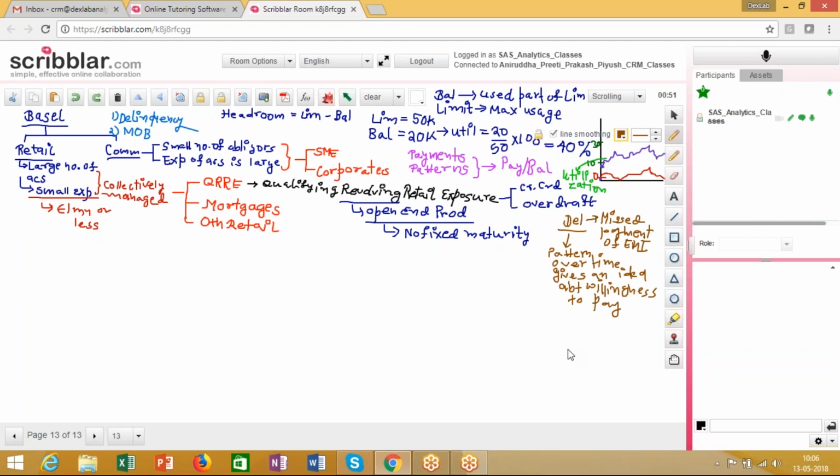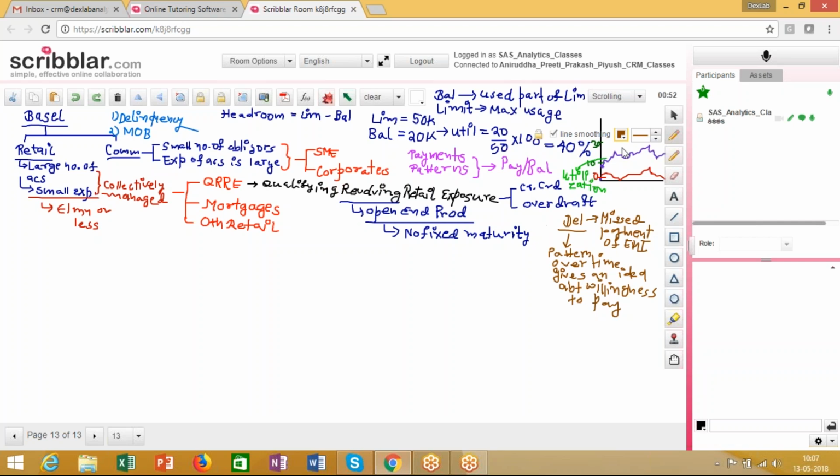Therefore, we generally look into different kinds of risk tendencies. If you look into the different variations of delinquency variables, you should be able to identify how risky or how less risky a particular borrower is.